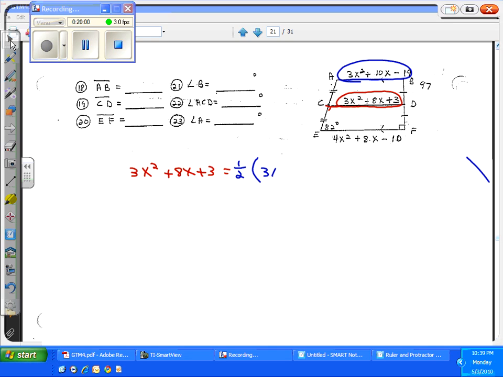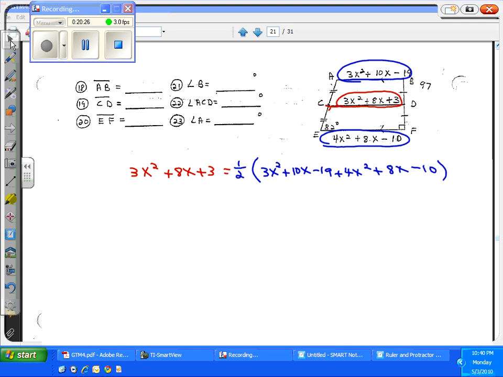The upper base is 3x squared plus 10x minus 19 plus the lower base, which is 4x squared plus 8x minus 10. And then we would solve.